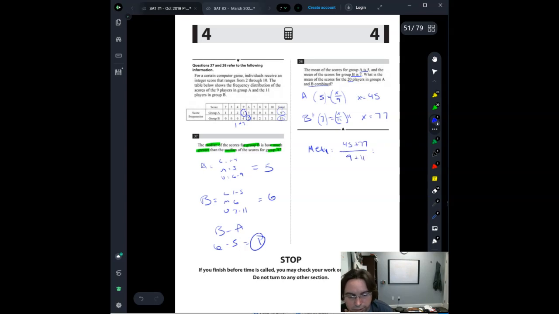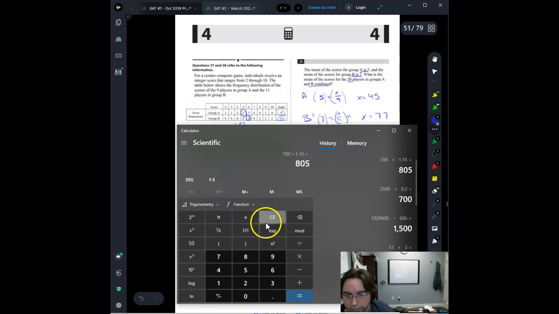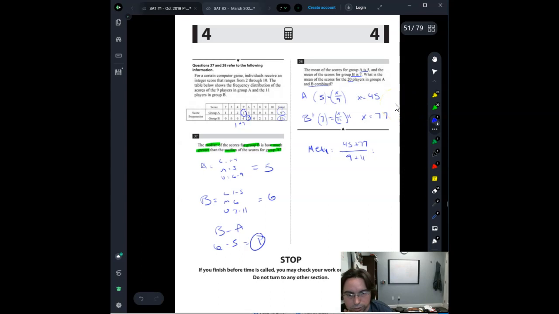Using my calculator here, 45 plus 77 equals 122, and that's going to be divided by the 20 values that we have on the bottom. So the value is 6.1. So the answer here is 6.1.